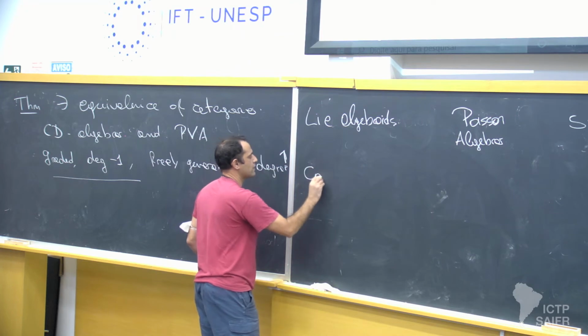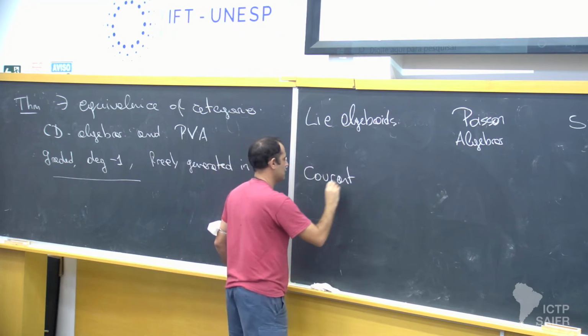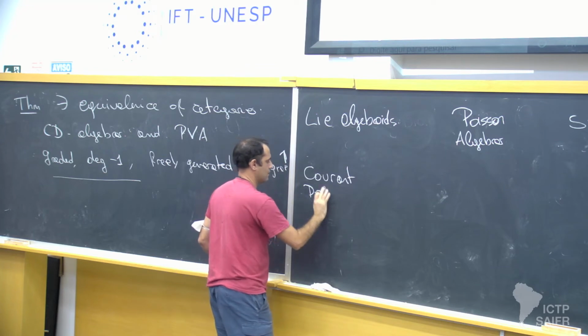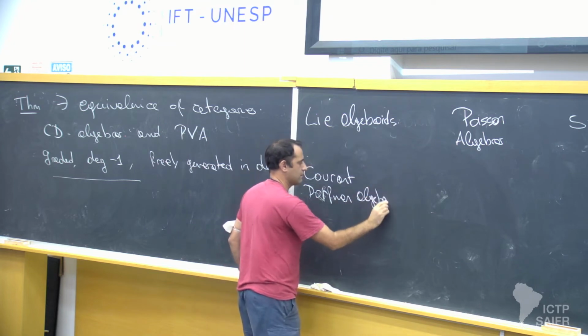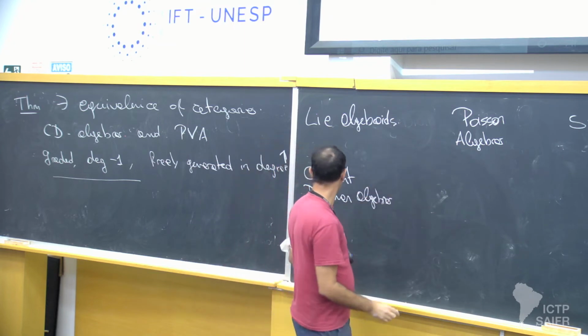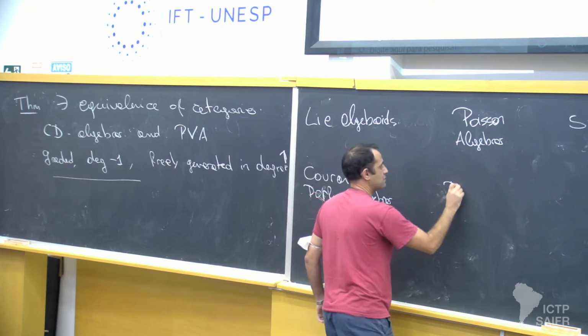So we have Courant-Dorfman algebras. This is one level up. Here I said it was PVAs.